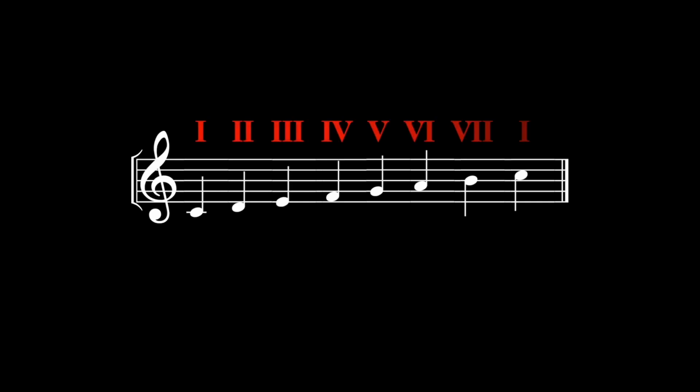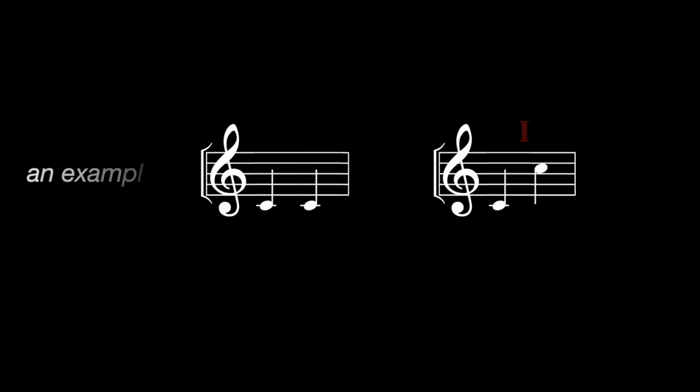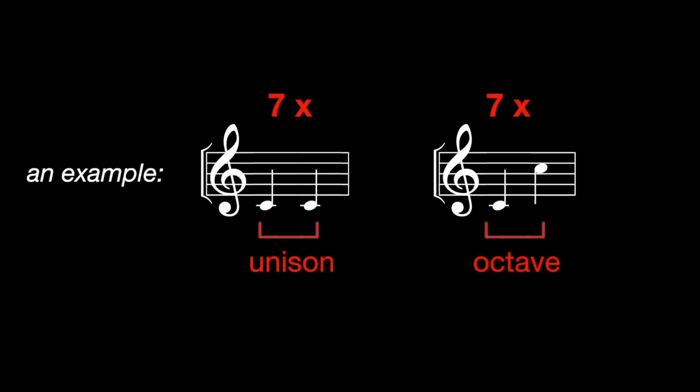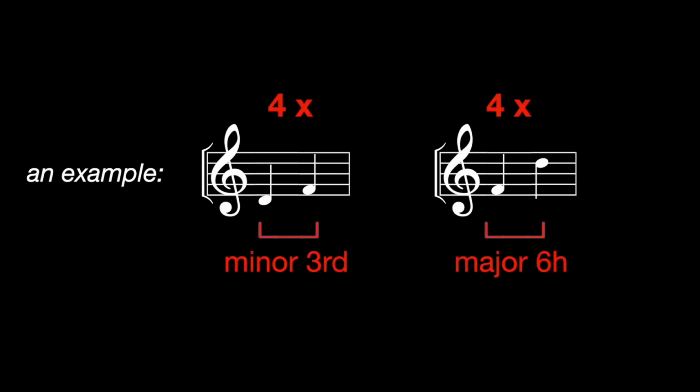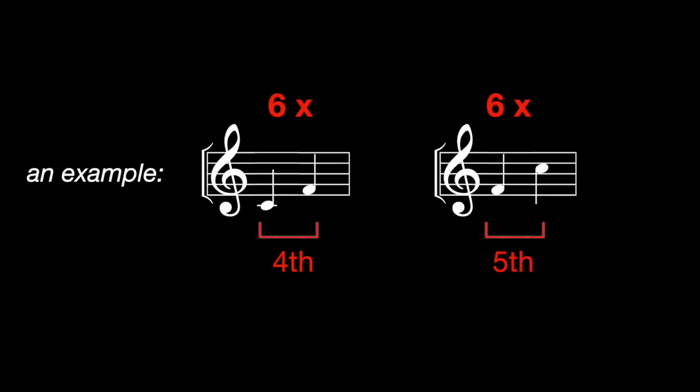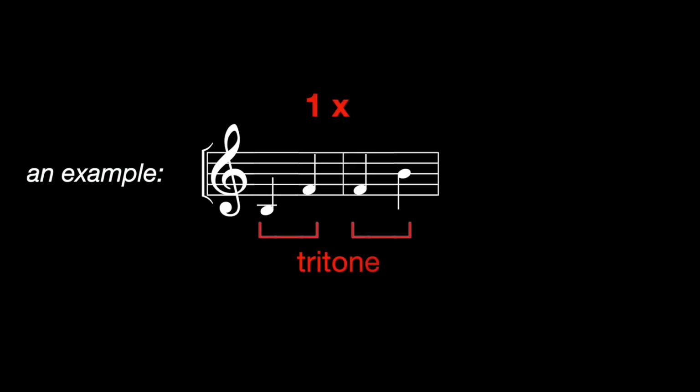This way, an entire set of 7 degrees, C, D, E, F, G, A, B, forms 21 interval classes: 7 unisons and octaves, 5 major seconds and minor sevenths, 2 minor seconds and major sevenths, 3 major thirds and minor sixths, 4 minor thirds and major sixths, 6 fourths and fifths, and 1 tritone.